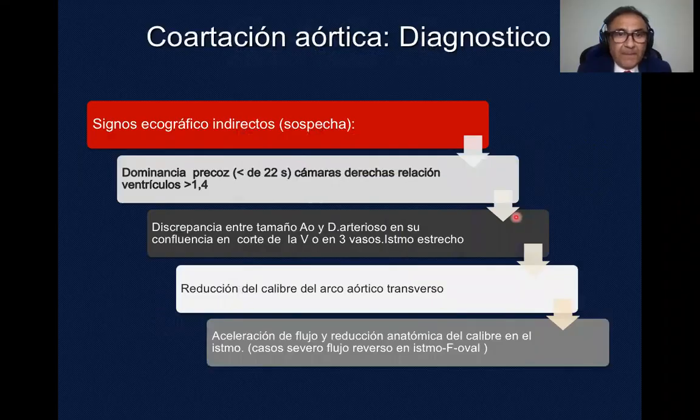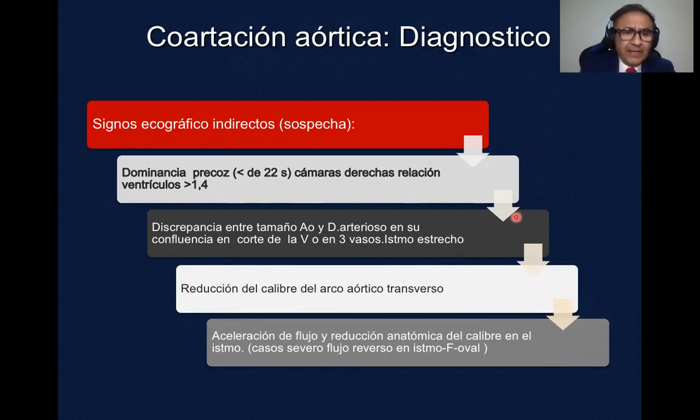Aortic coarctation is generally only a diagnosis that is suspected during fetal life. Definitive confirmation or exclusion is usually made after birth, once the ductus arteriosus has closed. There are several indirect ultrasound signs that can raise suspicion, such as an early predominance of the right heart chambers compared with the left-sided cavities when the ventricular ratio is greater than 1.4.